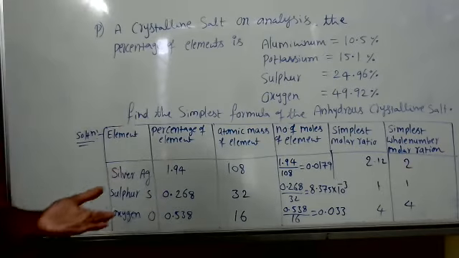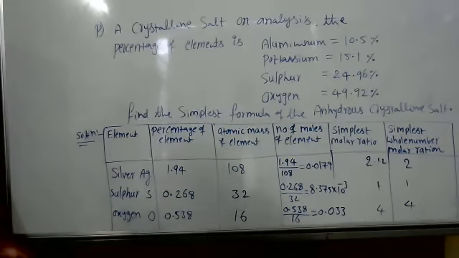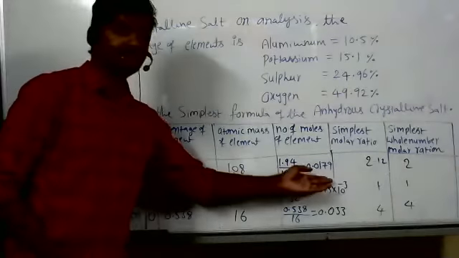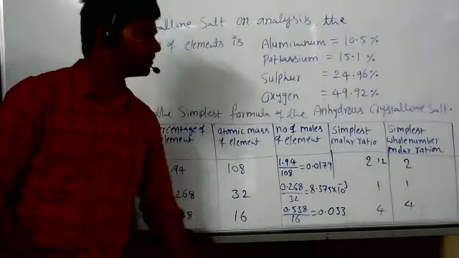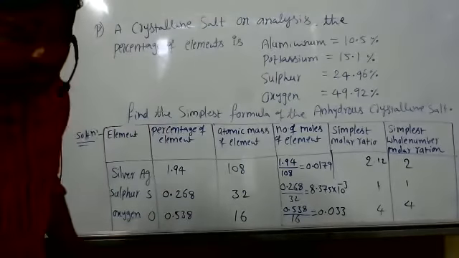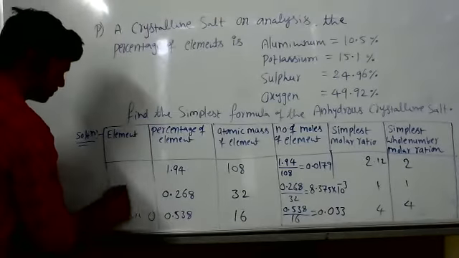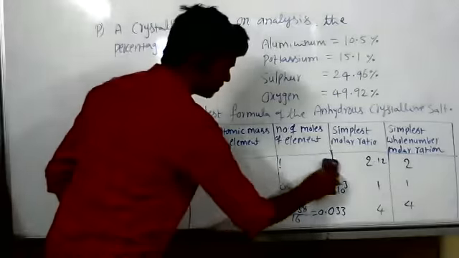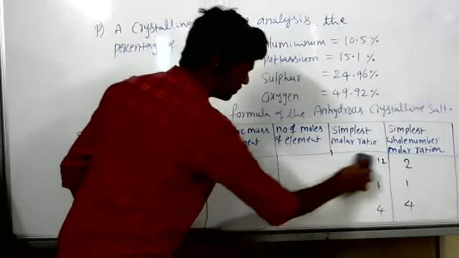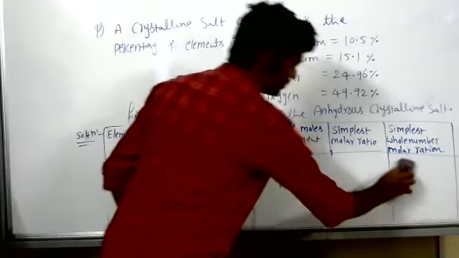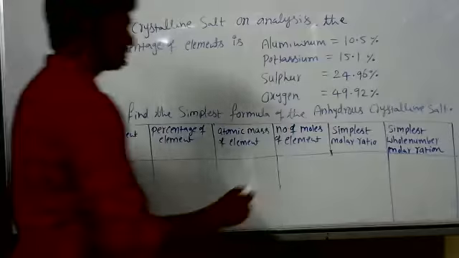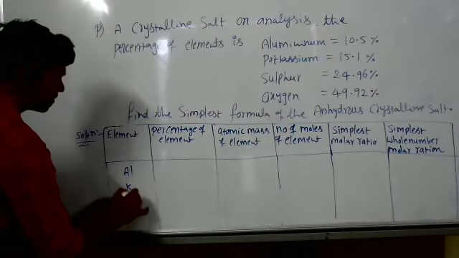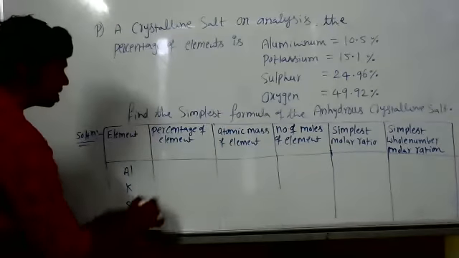Suppose this kind of question comes in the exam, don't try for accurate values. It takes more time to calculate 3-digit values. So take approximate values here. Aluminum, potassium, sulfur, oxygen.